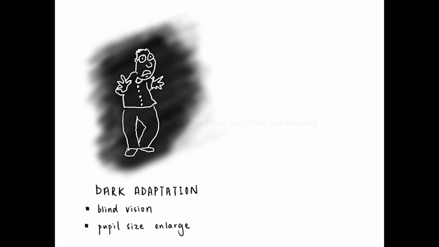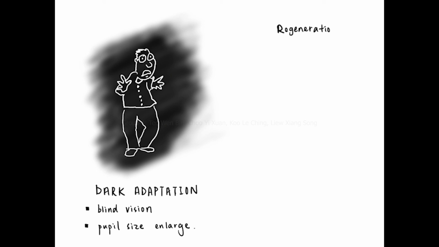So how about when a person moves from a bright to a dark room? At first, he or she cannot see anything and has all dark vision because they are experiencing dark adaptation. At the low intensity of light, cones will not function as there is no light to activate them. Pupil size will start to enlarge to allow as much light as possible to enter the eye.